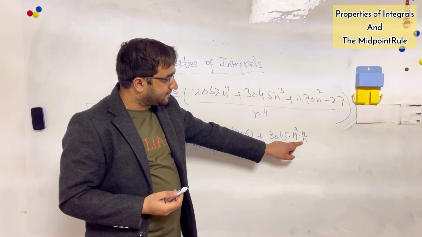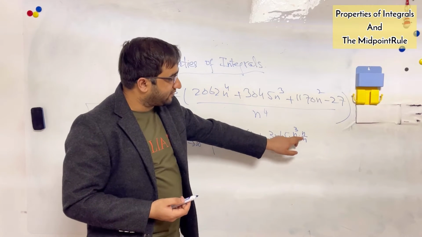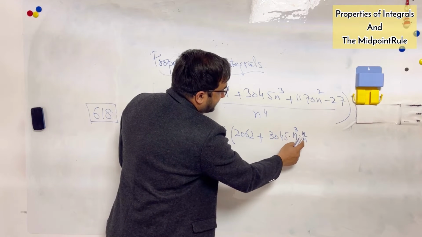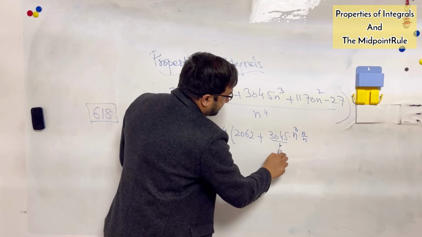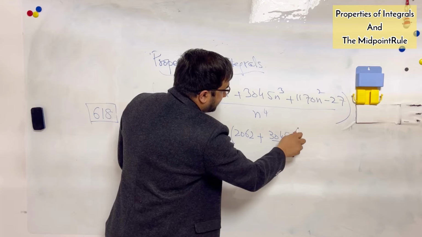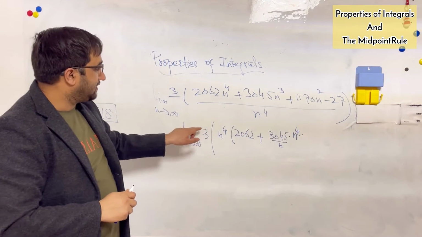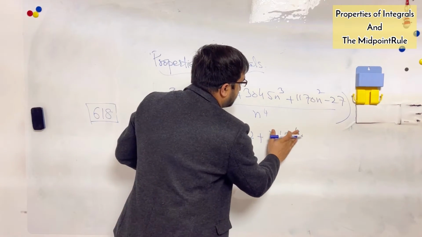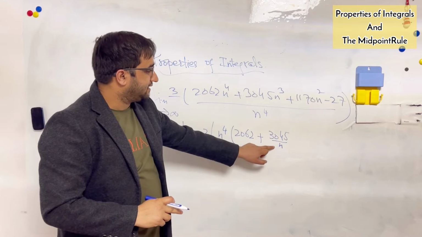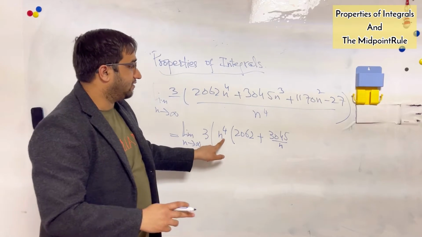So I'm doing nothing. It is just a 1, n by n. I replace the 1 with n by n. Now I can keep one n with this term and one n with this term. Now it is n^4, so you can take this n^4 outside. So it becomes 3045 by n, the n^3 and the 1 n, n^4 coming out.